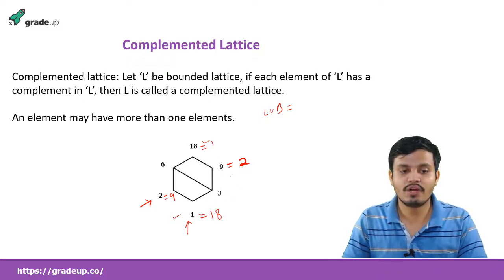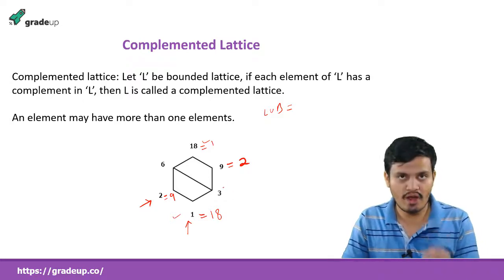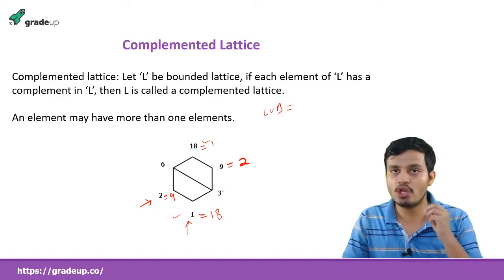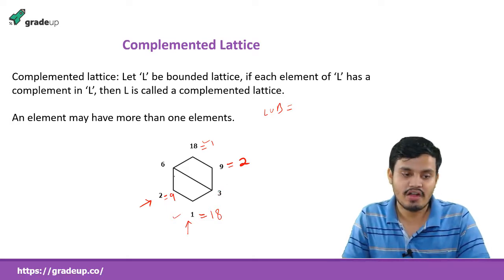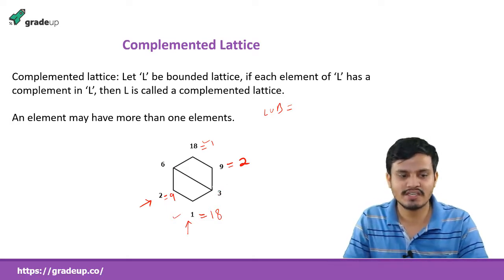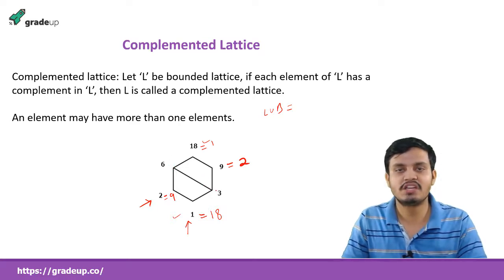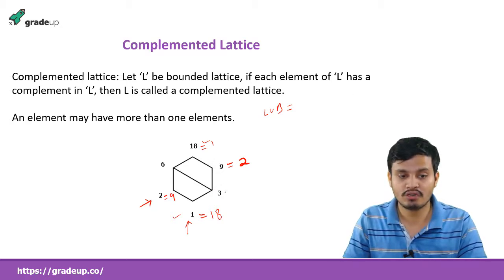Now for 3, what is the complement? We try to find an element such that their LUB will be the upper bound and GLB will be the lower bound. Let's see 6. If you take 6, then the LUB will be 6 and the GLB will be 3, so that is not correct. If you take 9, then the LUB will be 9 and the GLB will be 3.